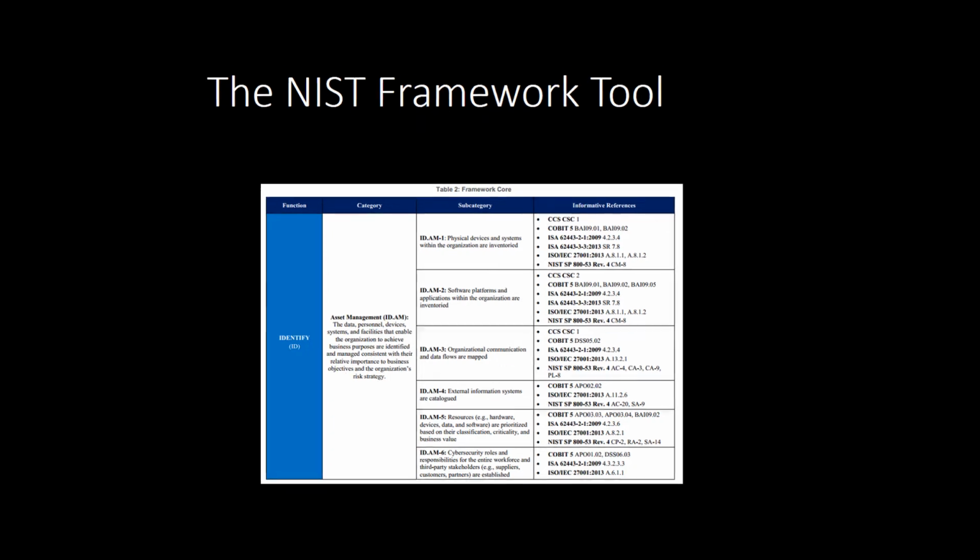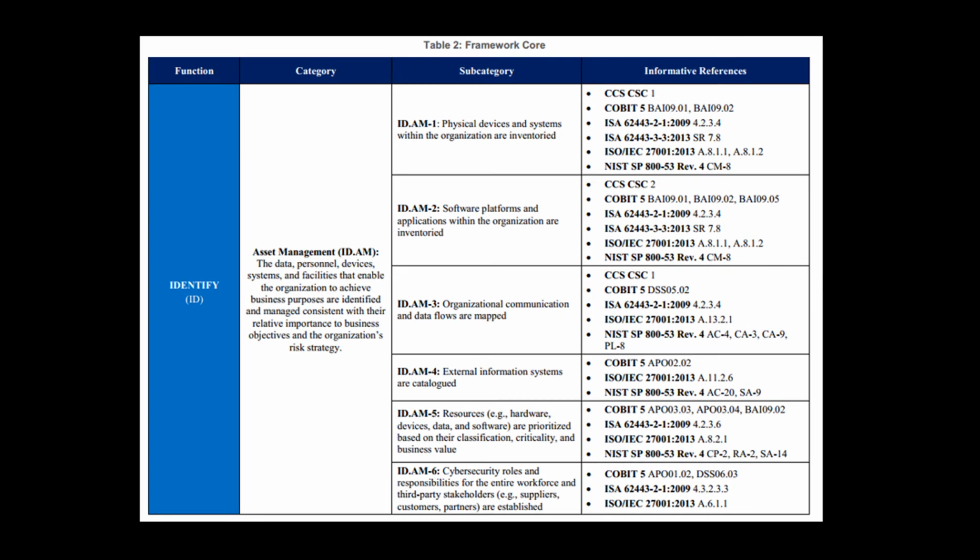This page just relates to one particular function, the identify function within the framework core, one particular category of managing certain assets, six particular subcategories there, and on the right you can see all of the different standards that are listed as potentially relevant and providing information about processes to secure these.